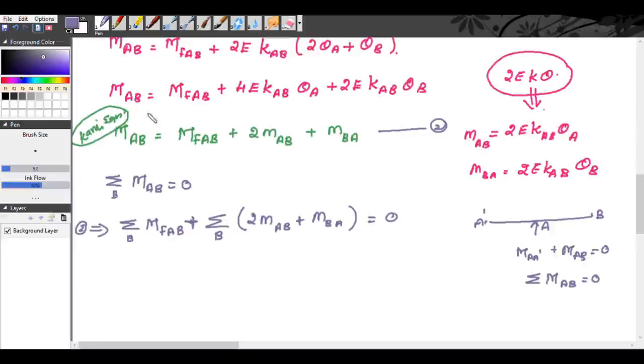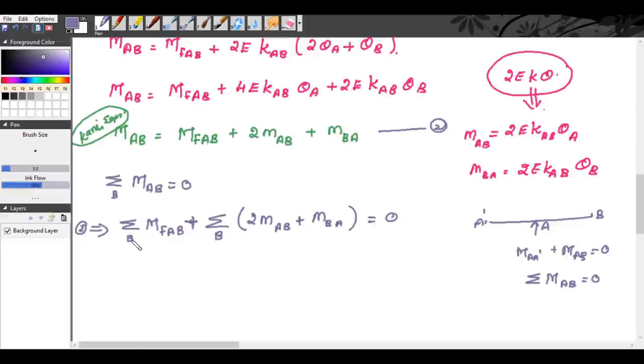Because the summation of all the members joining at A, MAB, is equal to 0, that means this is equal to 0. If the left hand side is equal to 0 in equation number 2, the right hand side is equal to 0. So what is sigma B? It is the sum taken over all the adjacent joints B.